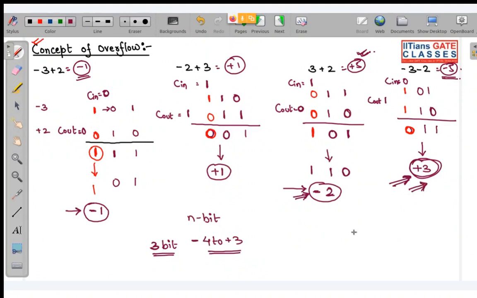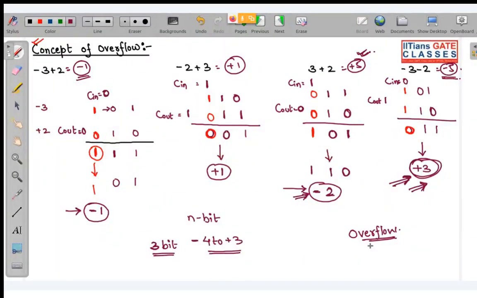So this condition is known as overflow. What do we mean by overflow? Basically, the resultant number that I am getting is out of range for the number of bits I have used. So this condition is known as overflow.